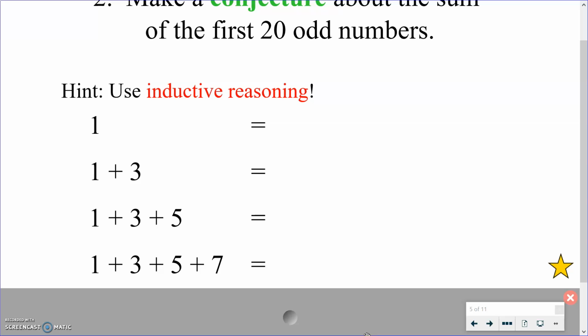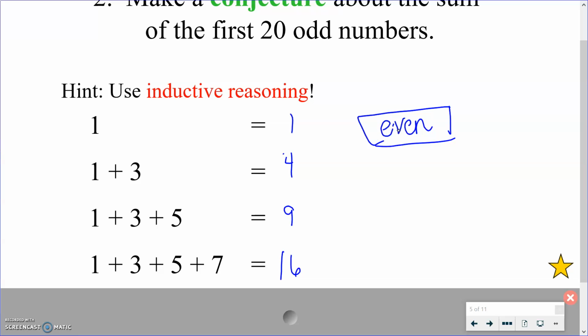Now we can use some inductive reasoning. I'm going to tell you these are 1 and then 4, and then this one is 5, 6, 7, 8, 9, and this one is 16. So the first 20 odd numbers, the first thing I said is that they're even, because every time you add an even number of odd numbers together, that's going to be an even number.